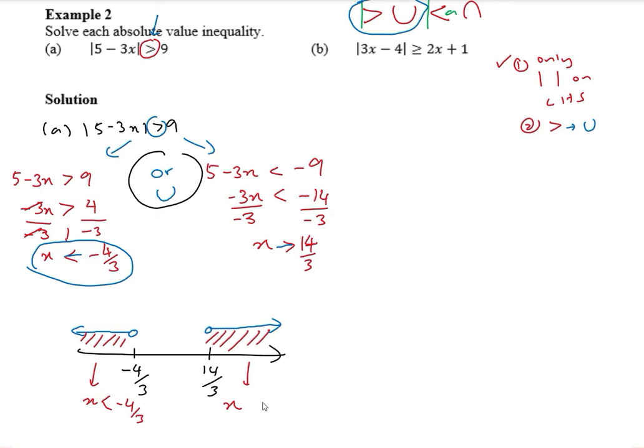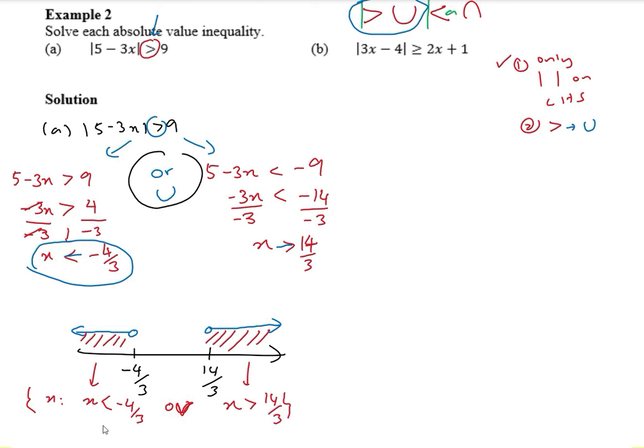Now it's 14 over 3 on the right side, and we go to the right of 14 over 3, which means it's greater than. Since this is an open circle, there's no equal sign there, you write or in the middle or the union sign, and then you close your curly brackets. You can write or in the middle of this solution set.